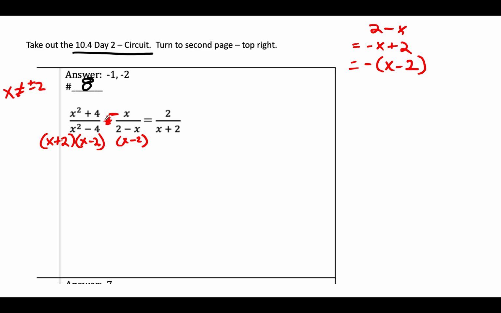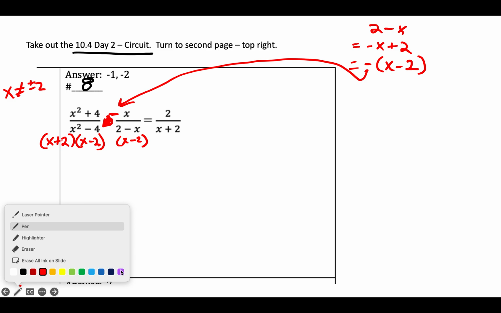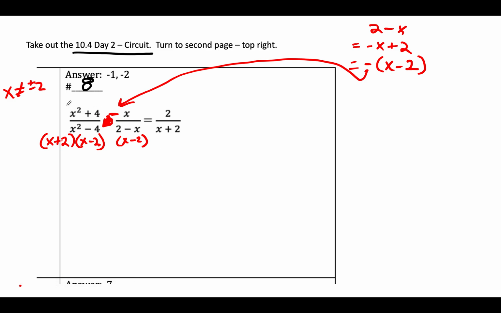So let's get rid of the plus sign. I'm allowed to take this negative sign and insert it and make it a minus problem instead. And now I can go through and multiply by x plus 2 and x minus 2.